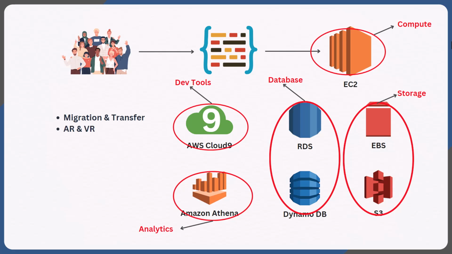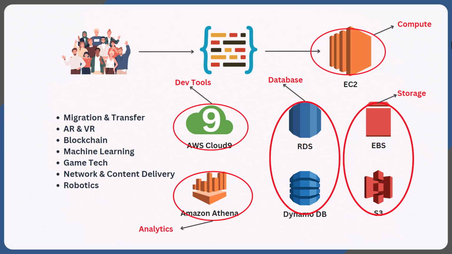And you also have services related to augmented reality and virtual reality, blockchain, machine learning, game tech, network and content delivery like virtual private cloud, virtual private network, etc. You have services related to robotics if you want to build robots, and security, identity, and compliance, which will help you configure the access rights and privileges for your users. And we also have services that will help you communicate with an orbiting satellite. You've heard it right. And all these services work together to perform the given business task.